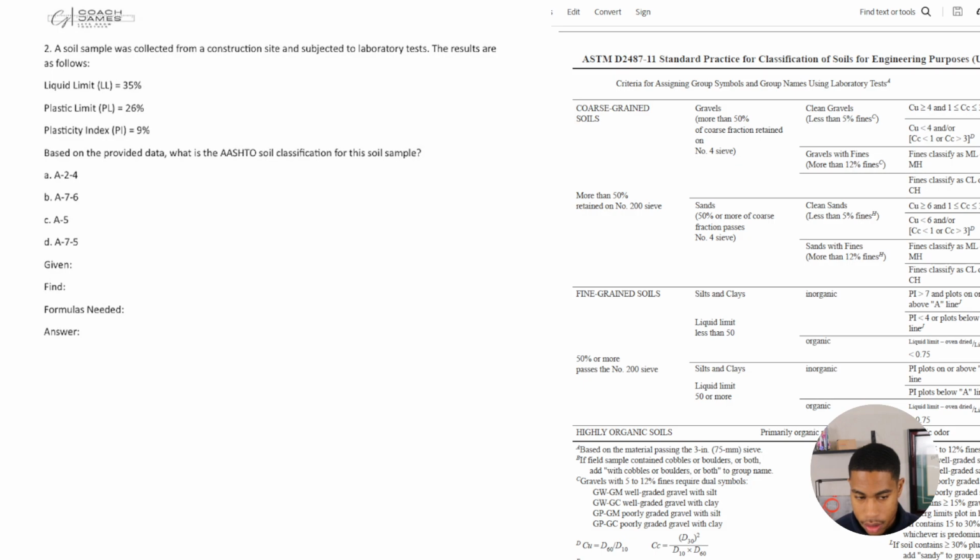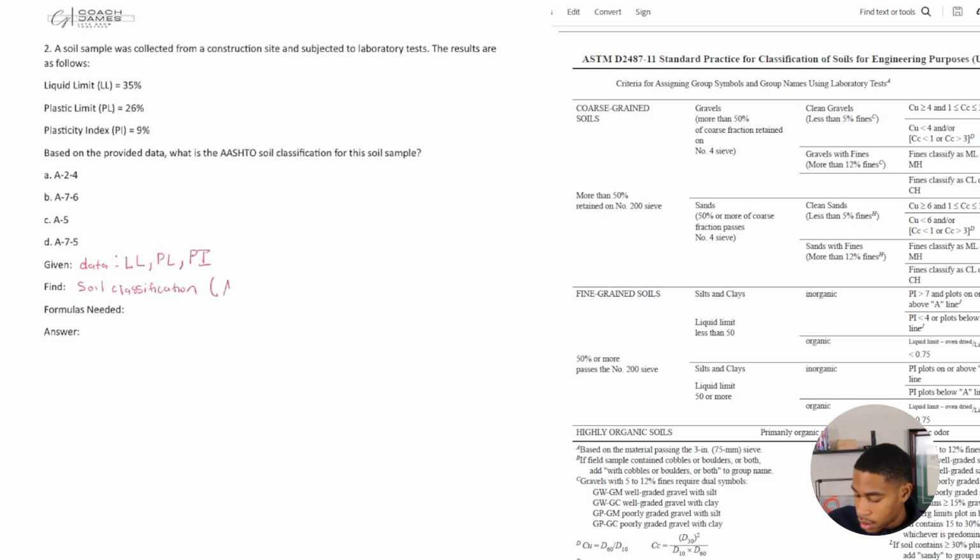Okay, so what information are we given? We're given the data of liquid limit, plastic limit, and plasticity index, right? Okay, what are we trying to find? We're trying to find the soil classification, right?